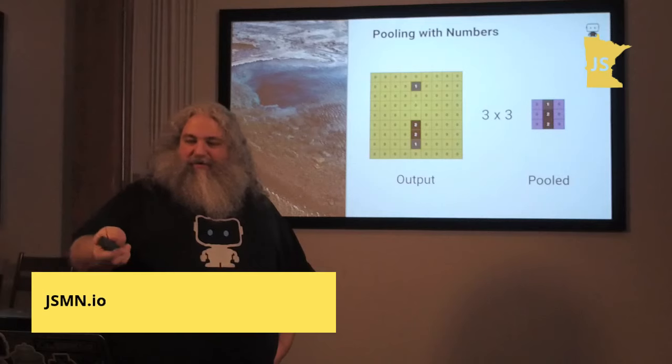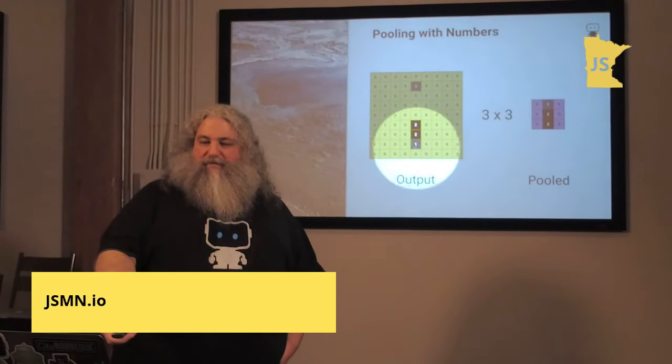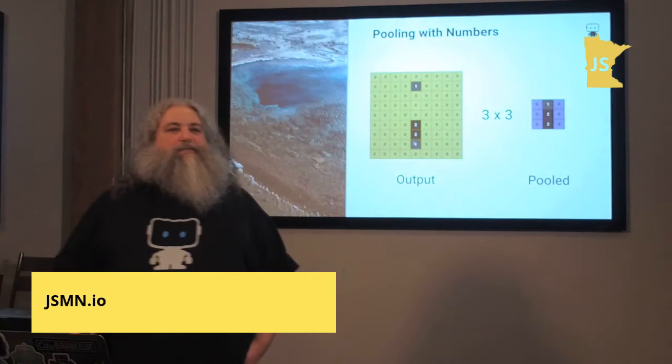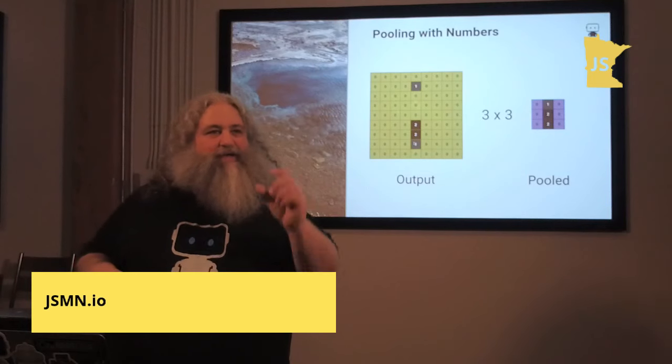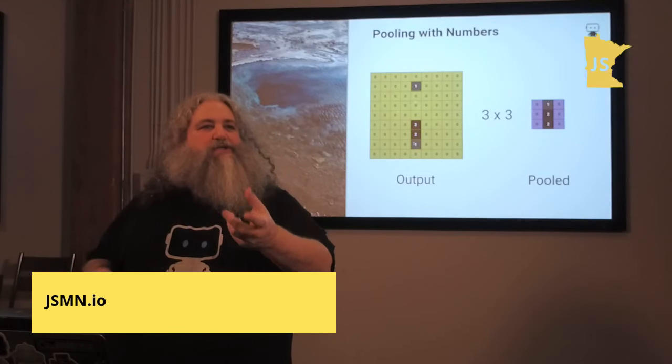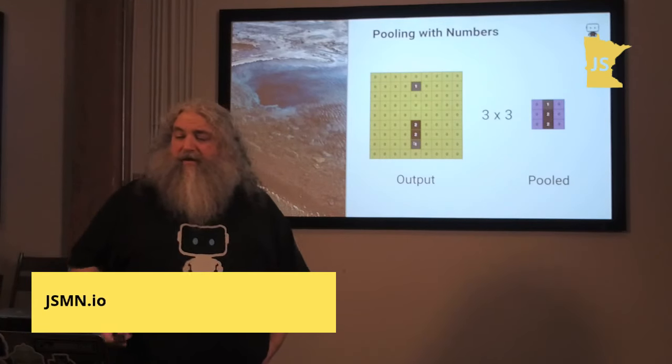And if we look at the bottom middle, we'll look at that 3 by 3 grid and say, what's the biggest number? Well, the biggest number is 2, so that gets shoved in there. It helps trim off the edges and simplify the thing we're looking at, which is why it helps with overfitting.